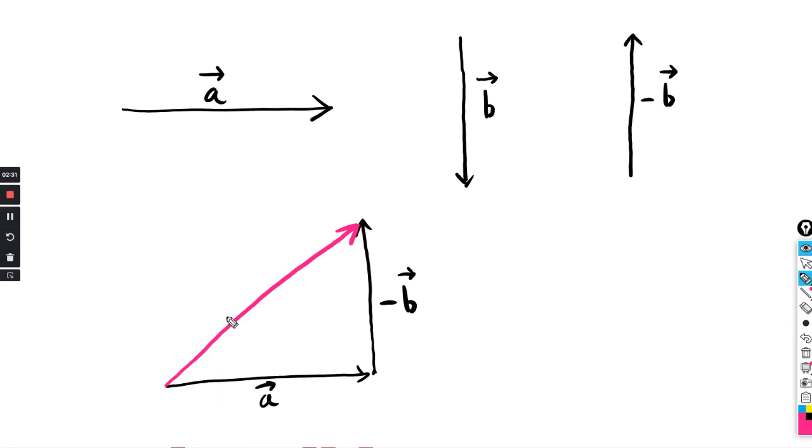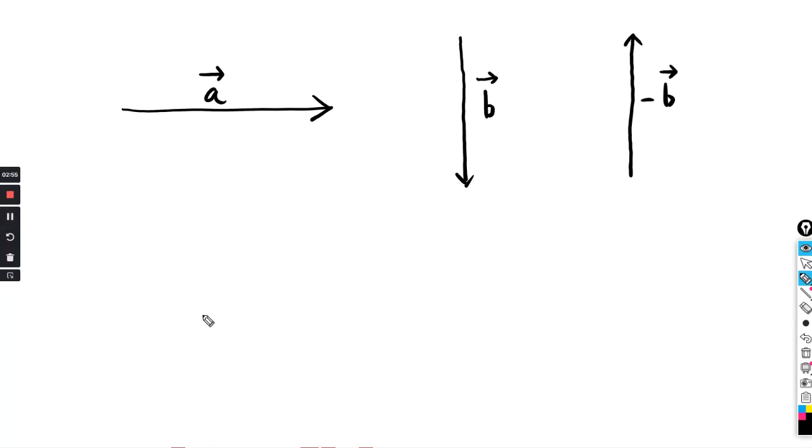Okay, and that resultant vector is going to be A minus B. Okay, so like I said, it's the same thing as when we added the vectors, but now instead you're just adding the negative version of the vector that you're subtracting.